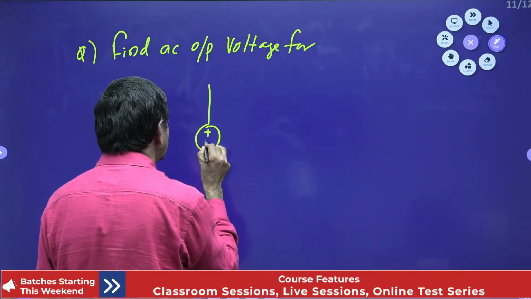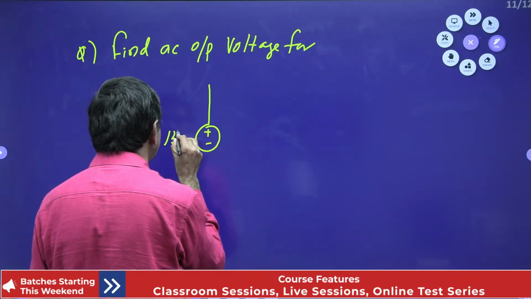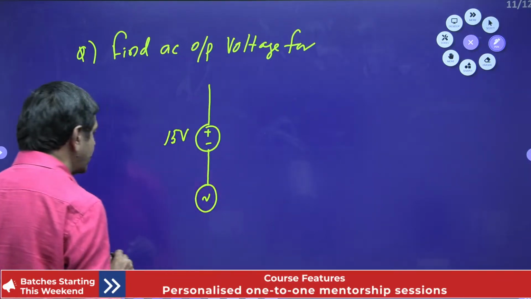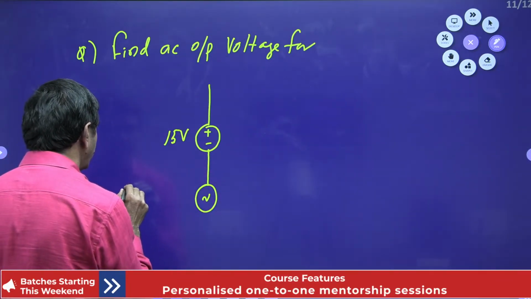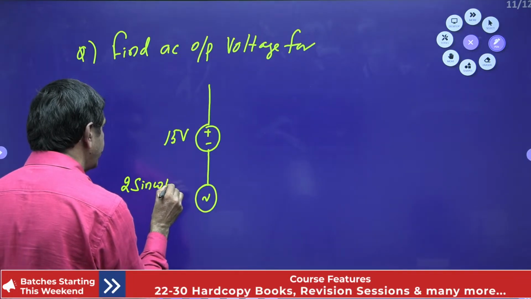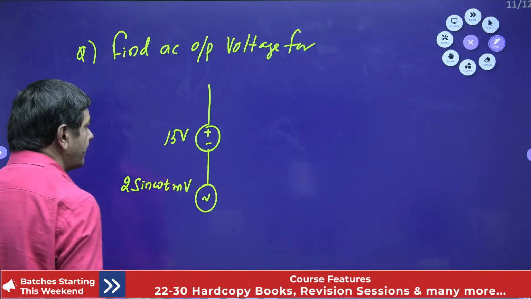There is a DC source of 15 volts, connected with an AC supply given as 2 sin omega t millivolts.